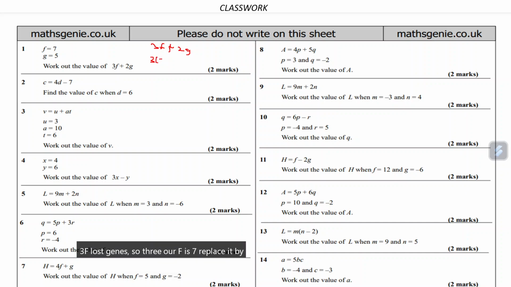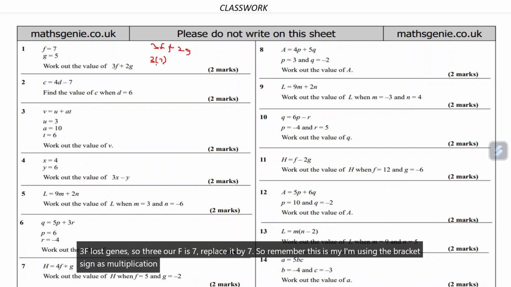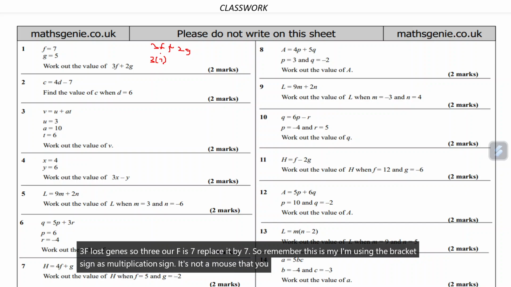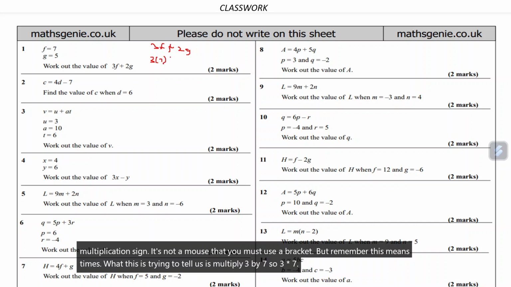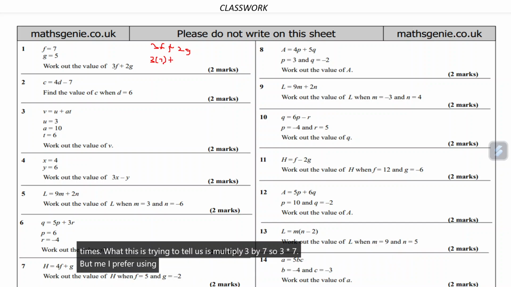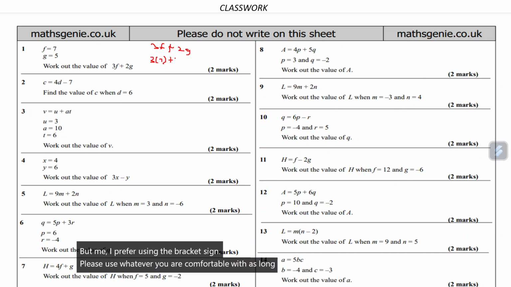So remember, I'm using the bracket sign as multiplication sign. It's not a must that you must use a bracket, but remember, this means times. What this is trying to tell us is multiply 3 by 7, so 3 times 7. But me, I prefer using the bracket sign. Please use whatever you are comfortable with as long as your answer is correct.